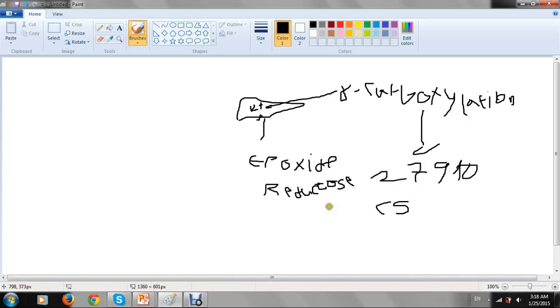Let me correct myself. I should say they are not called factors, they are called proteins C and S.